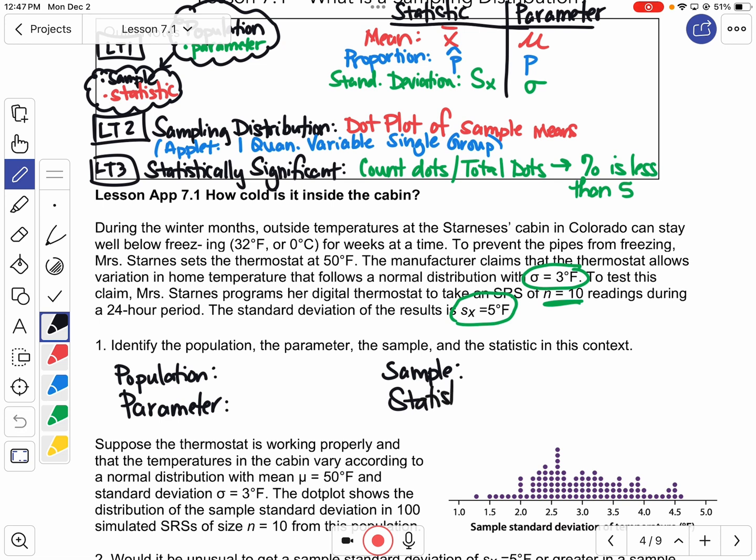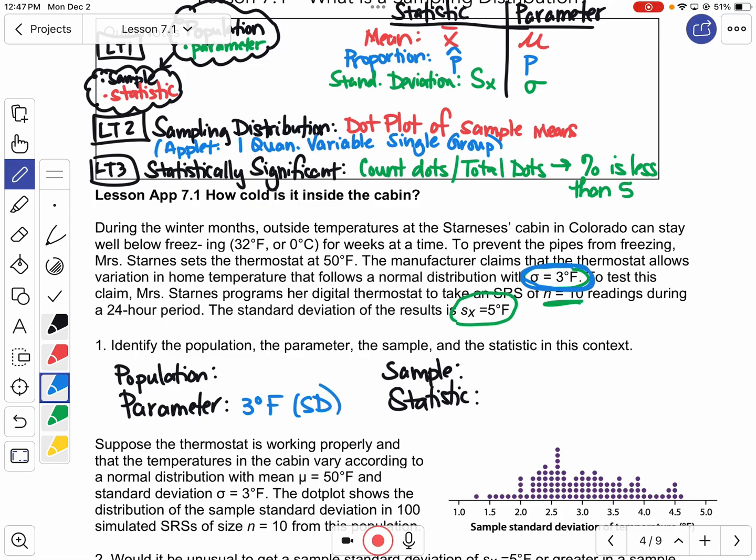Now, I think the easiest way to pick these out is based on the symbols. So when I see this sideways 9, does that go with a population or a statistic? Or a parameter or a statistic? A parameter. If I look up at the top, it's a parameter. So we would say it's 3 degrees Fahrenheit. It's my standard deviation.